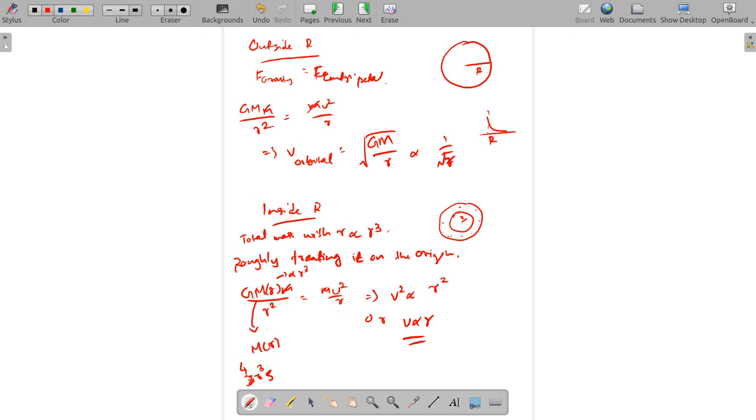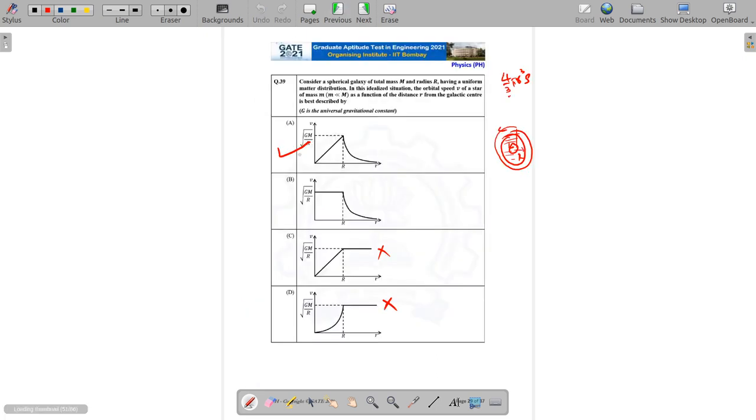Basically it goes proportional to r cube. That should equal mv square by r, which is your centripetal force. So r cube and r square will cancel off, leaving an r, and v square will be proportional to r square, which tells you v is proportional to r. So it should be a straight line. Again, it cannot be a constant, so it should be option A.